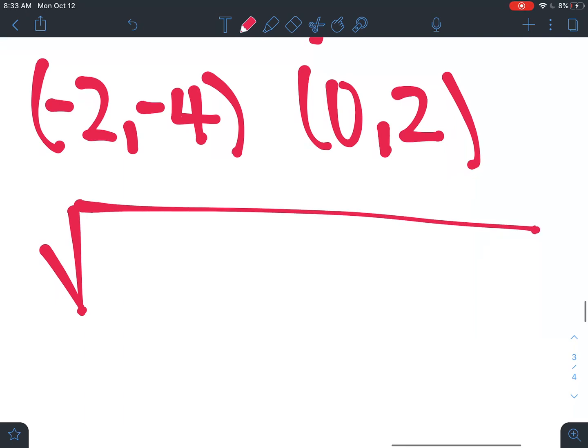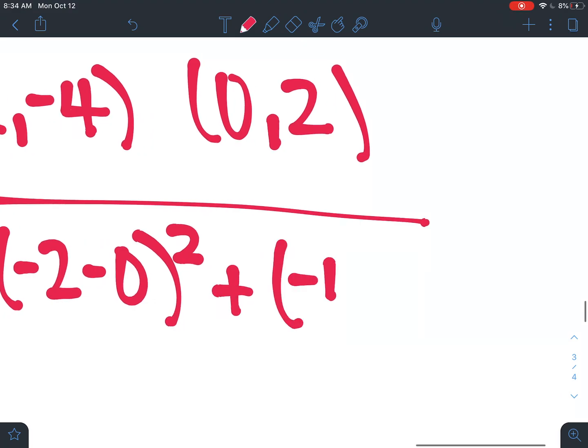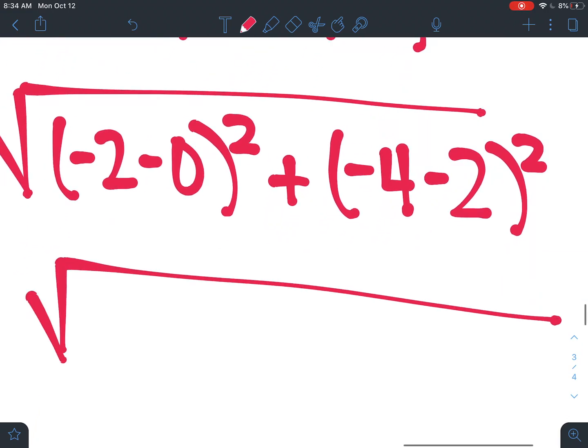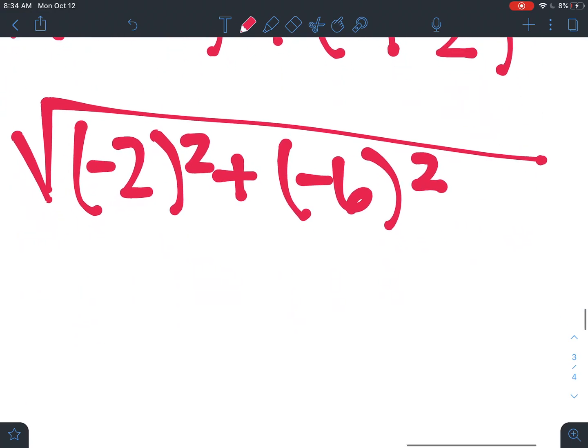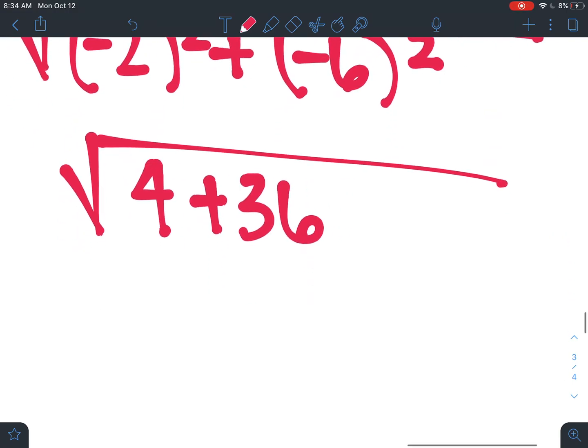So plugging that into your distance formula, you get the square root of (negative 2 minus 0) squared plus (negative 4 minus 2) squared. All right, I get the square root of negative 2 squared plus negative 6 squared, which gives me 4 plus 36, which is the square root of 40.